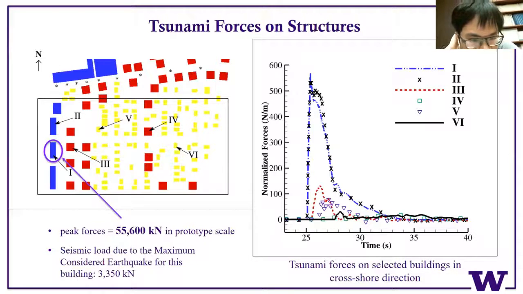And if we compare this to the seismic load due to the maximum considered earthquake for this building, it turns out if you design this building to survive an earthquake, you only have to make it withstand about 3,000 kilonewtons of tsunami load, which means you have to strengthen the building by around 15 times if you want this building to stand there after a tsunami wave like this.